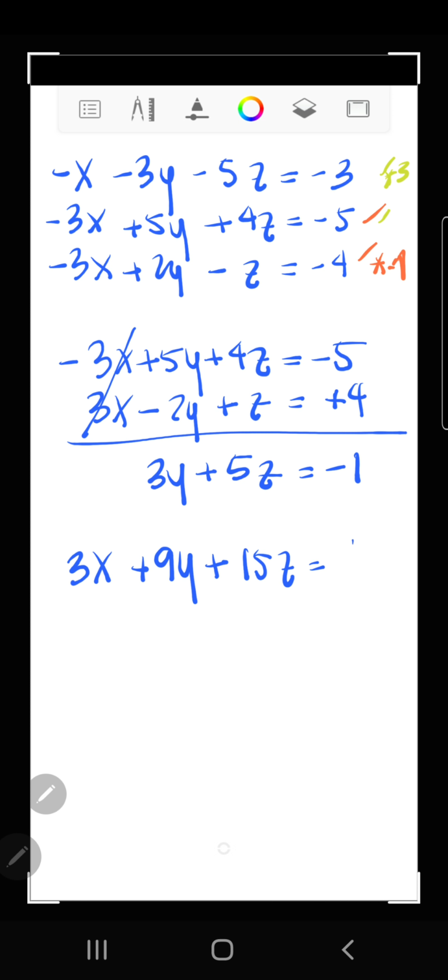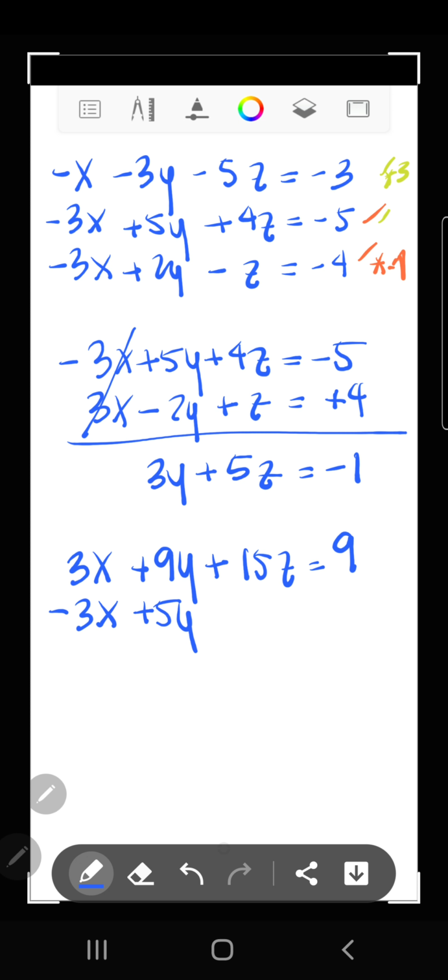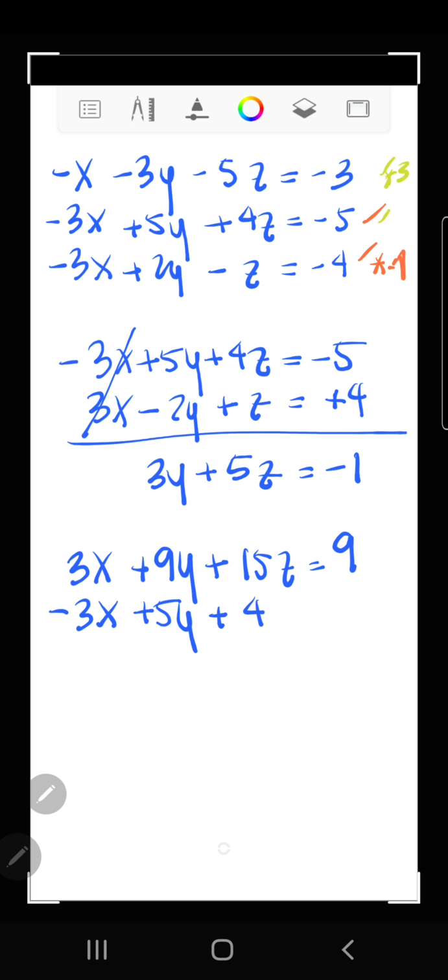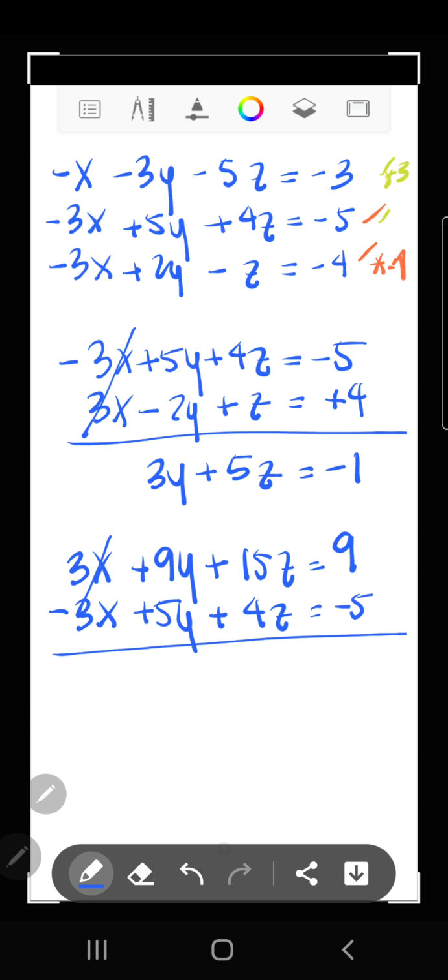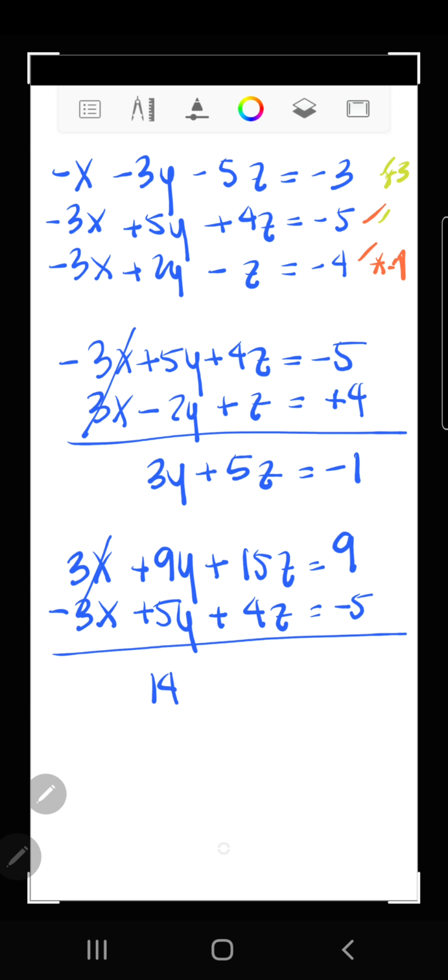You copy the second, and now you will have negative 3x plus 5y plus 4z equals negative 5. You add up the two equations, eliminate the x, and you will have 14y plus 19z equals 4.